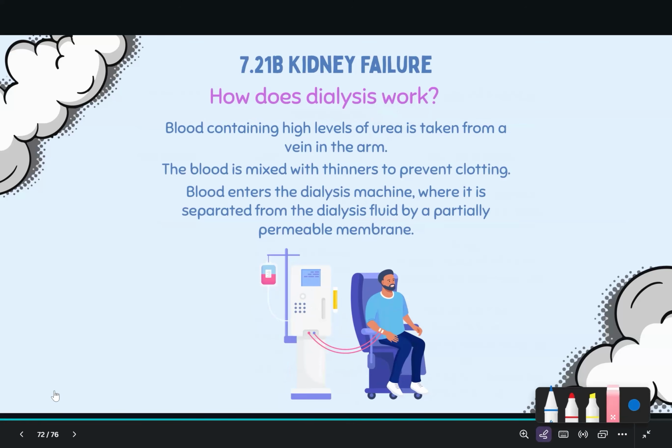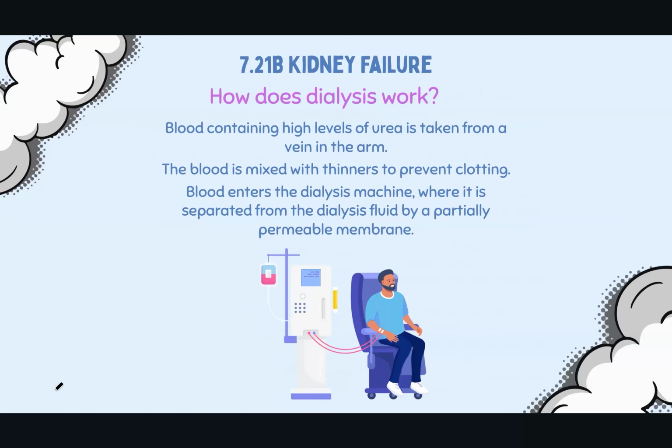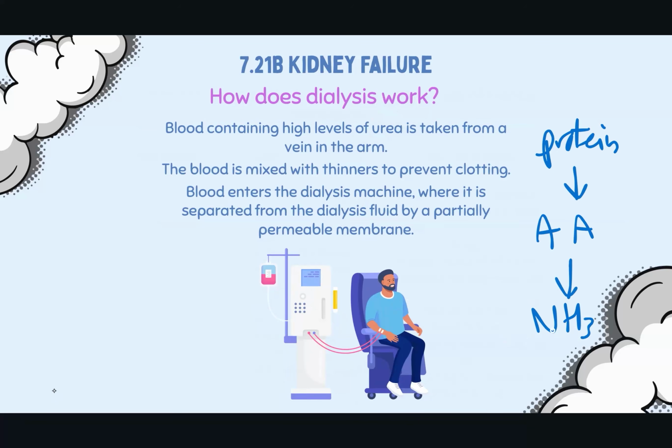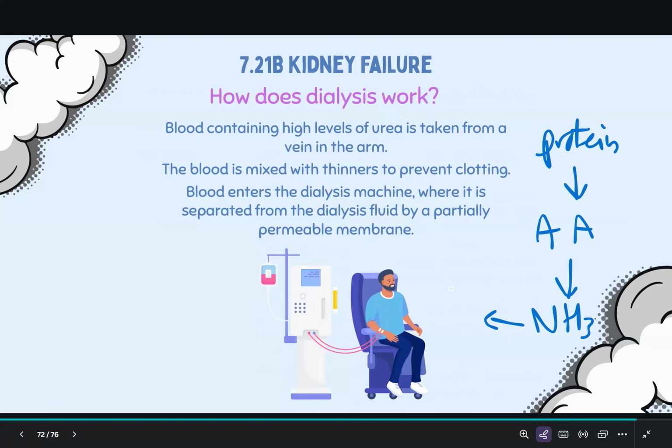Now, again, let me just quickly explain this. How is urea produced? When we eat lots and lots of protein, it gets broken down into amino acids. Those amino acids get broken down into ammonia and urea. The NH3 is then converted into urea, because NH3 is quite harmful to the body.